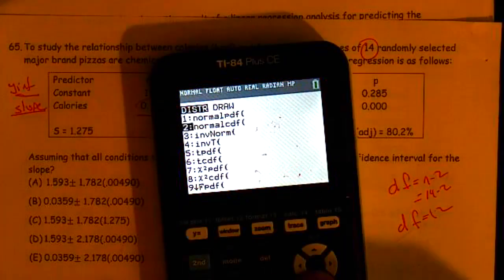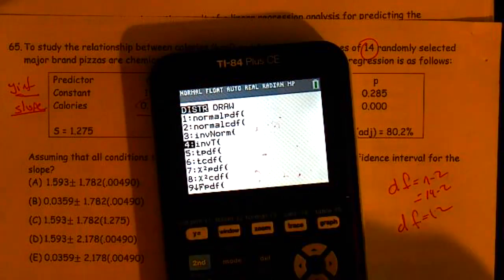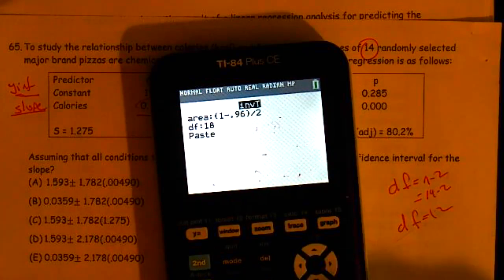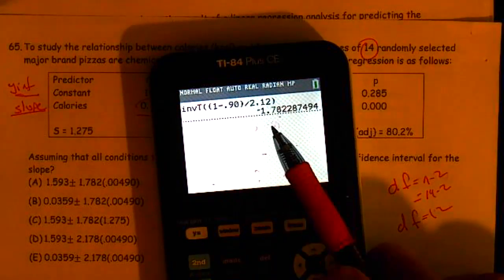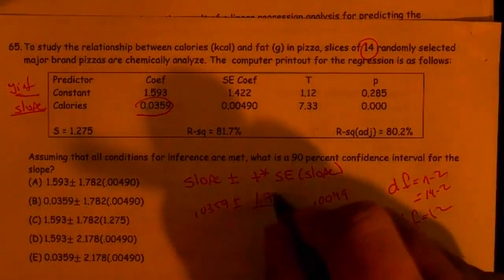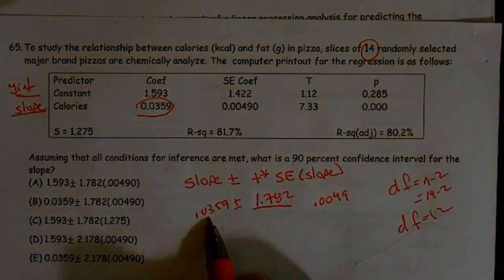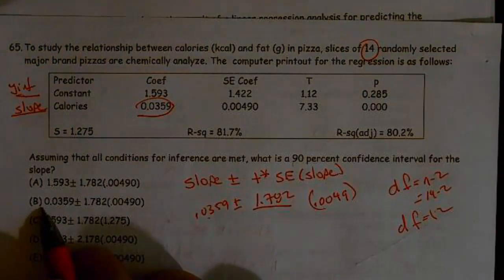So second vars, inverse T, 1 minus 0.90 divided by 2, degrees of freedom is 12. And we get 1.782. So 0.0359 plus 0.0782 times the 0.00490. So our answer choice for 65 is B.